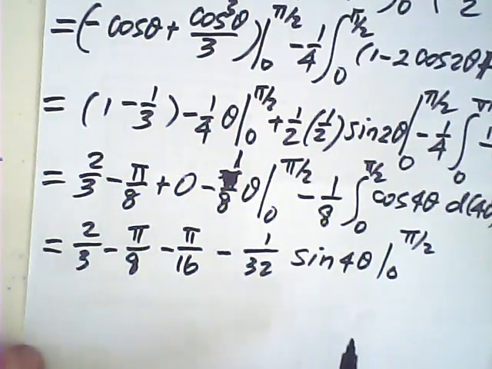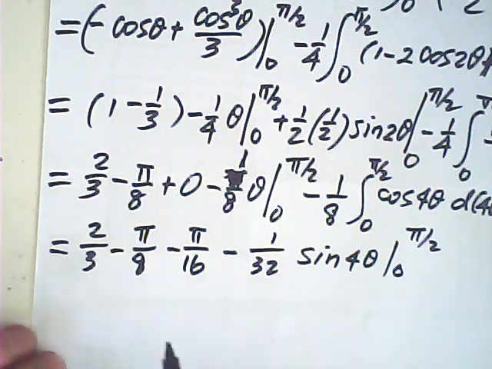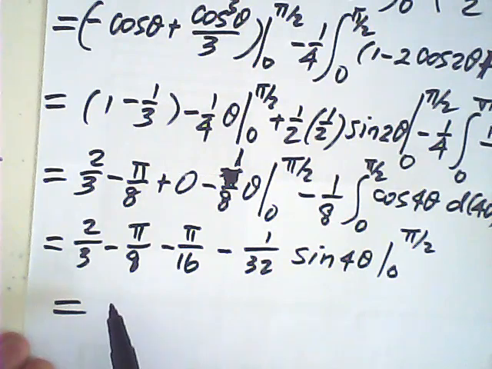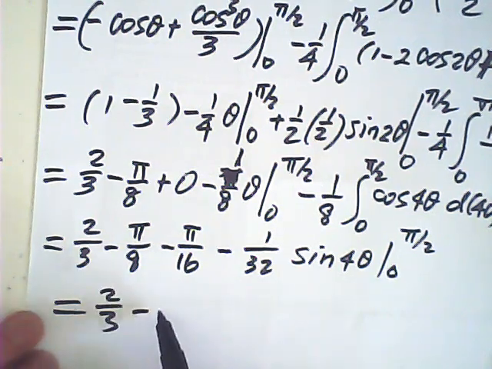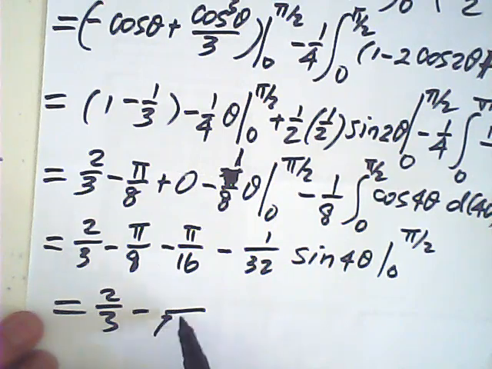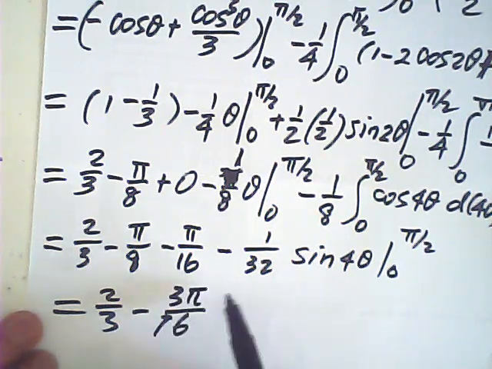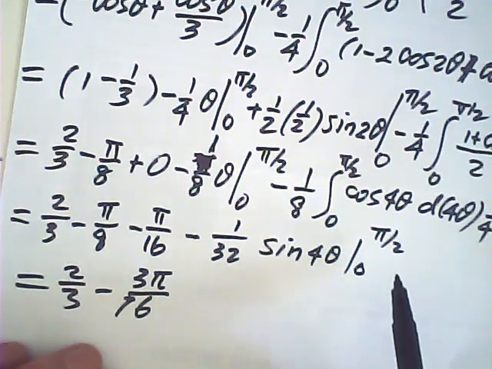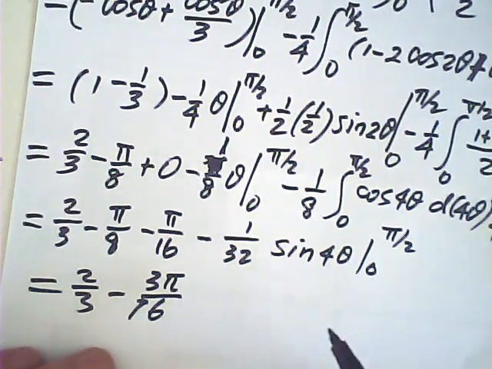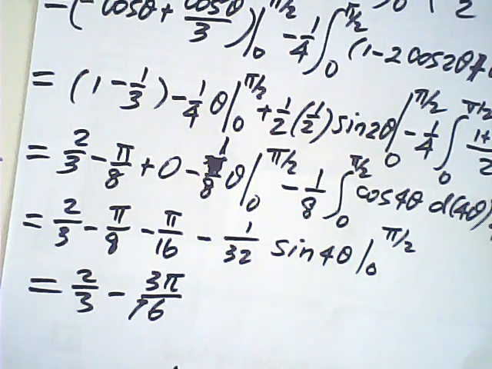Well, I'm not very good at arithmetics, so this is 32. This is minus 16 3 pi. Wow, this is 0, right? So that's the end of it.